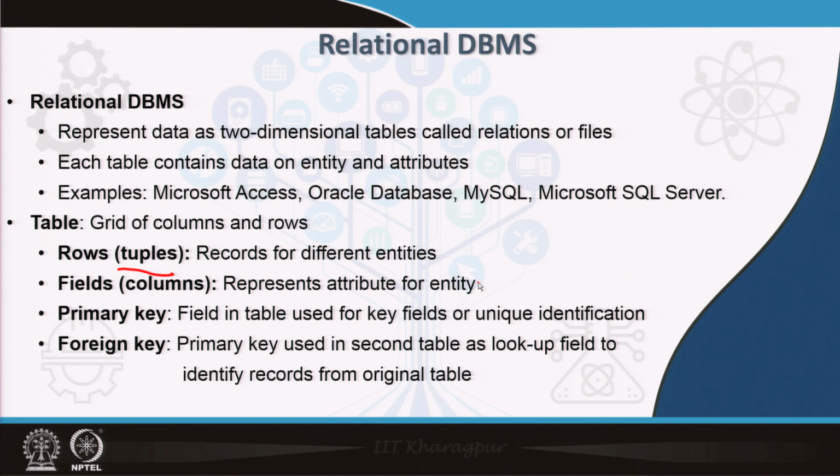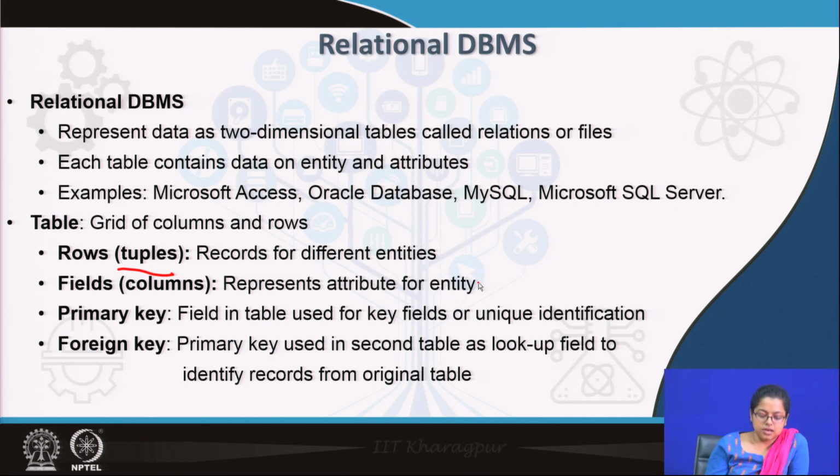Then we come to something very important, which is called a primary key. A primary key is a field in a table used for unique identification. What this means is a primary key is used as a unique identifier of a particular table. So if there are multiple students in the student table, then roll number could be a primary key because it will uniquely identify each student.